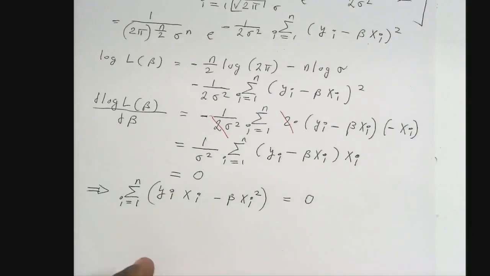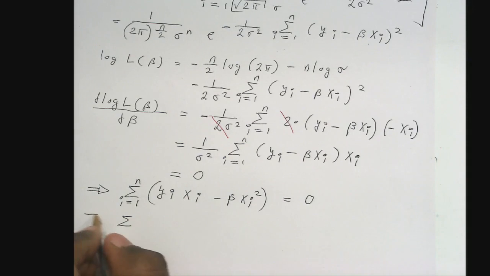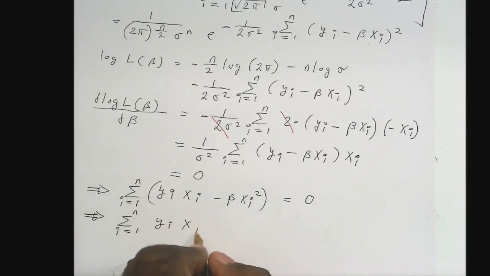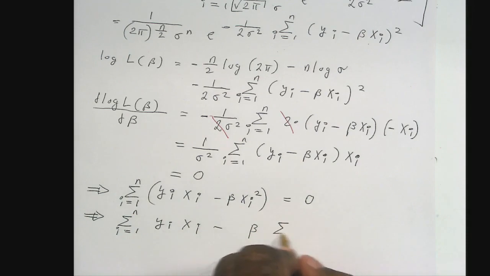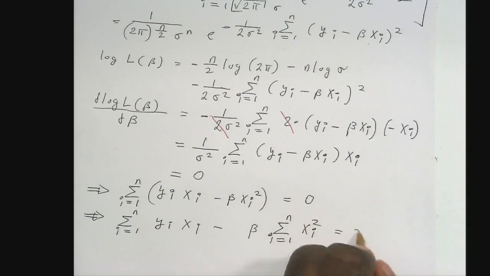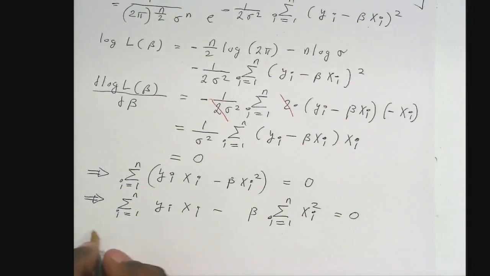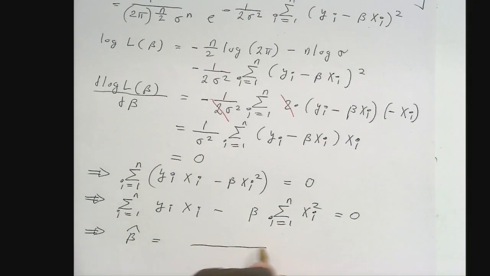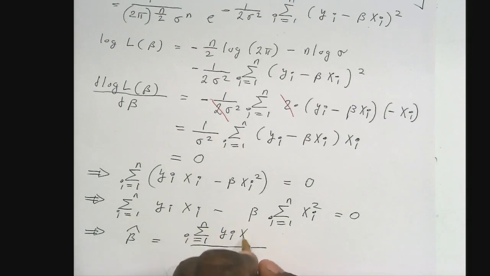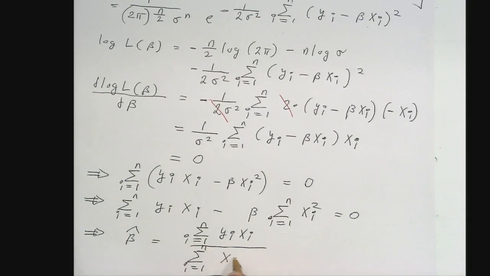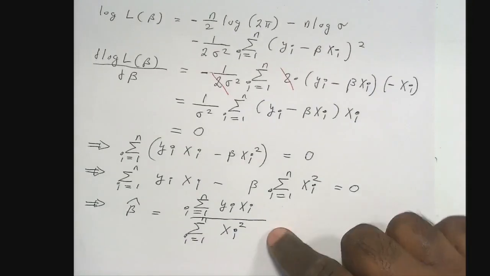So this means that the sum equal to 0. So this implies that the solution for beta is equal to this. So this is the solution for beta.